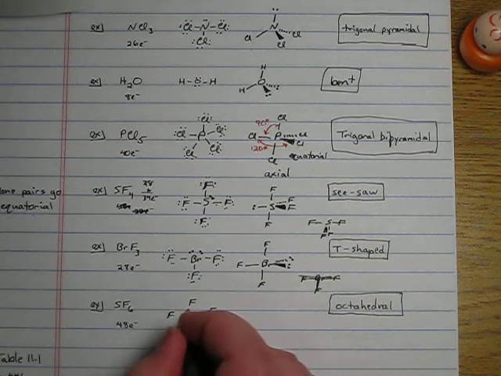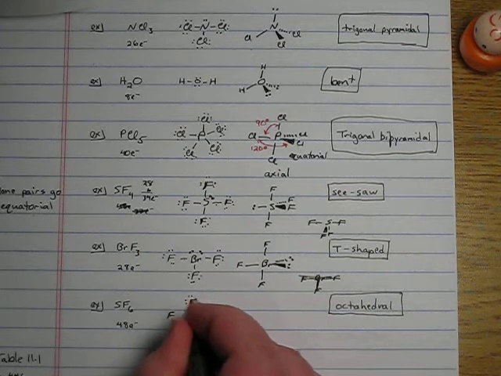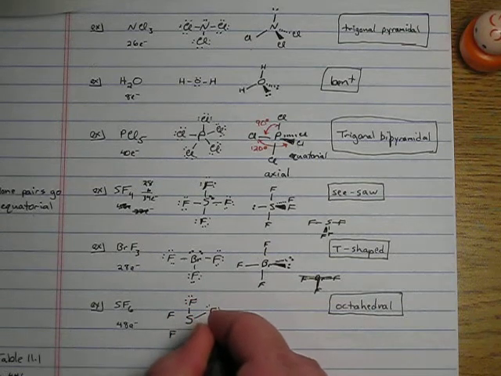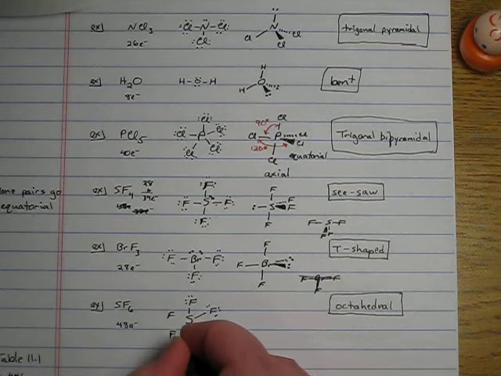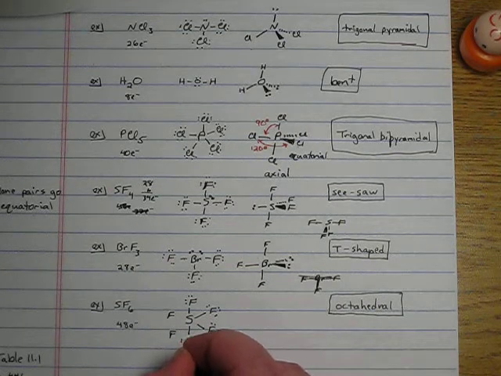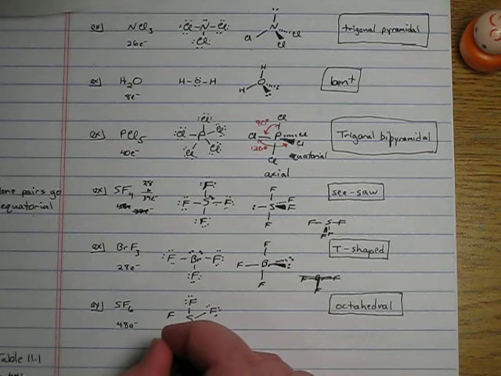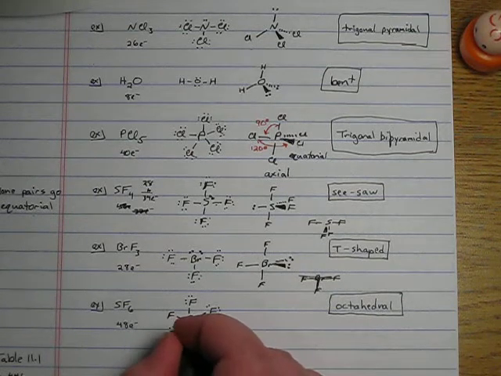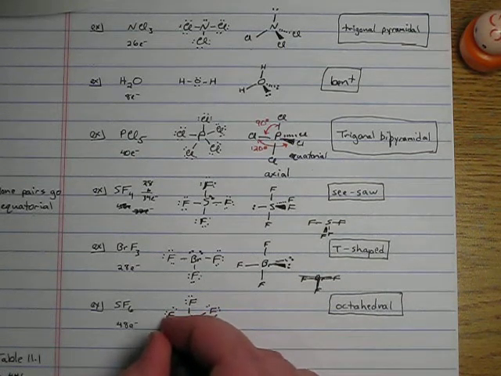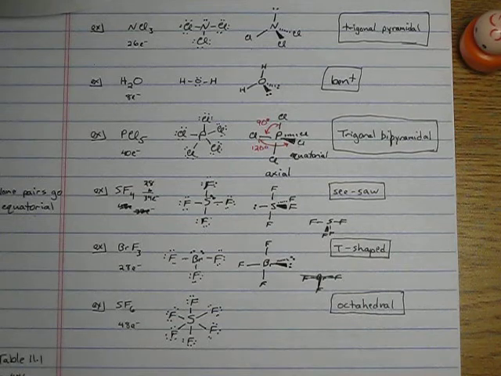Deep breath. 1, 2, 3, ... 48. Okay, we filled up the octets of all of the fluorines, and we put in all 48 electrons, so there are no lone pairs on that sulfur.